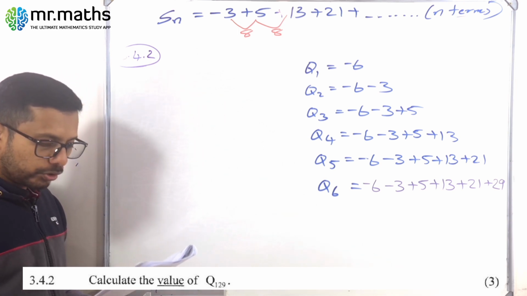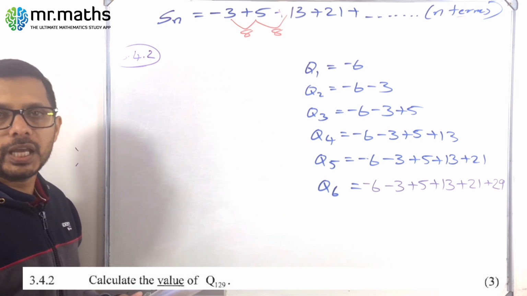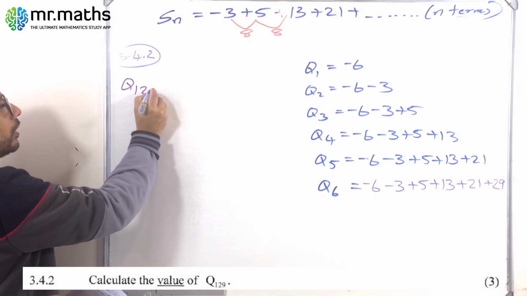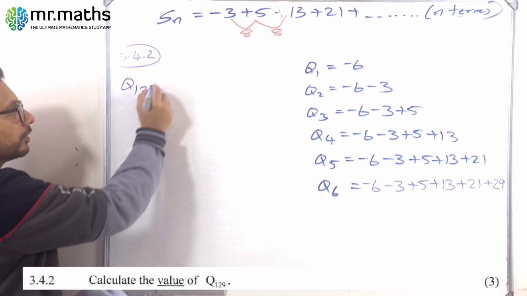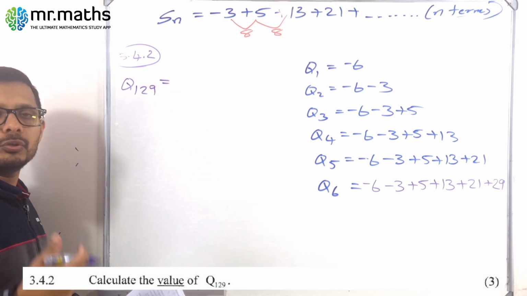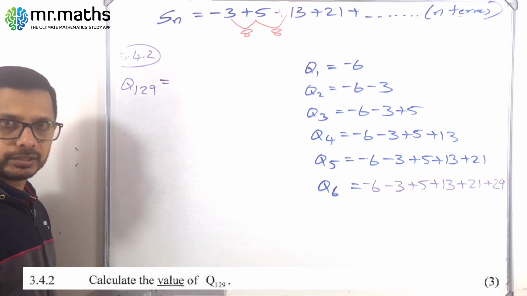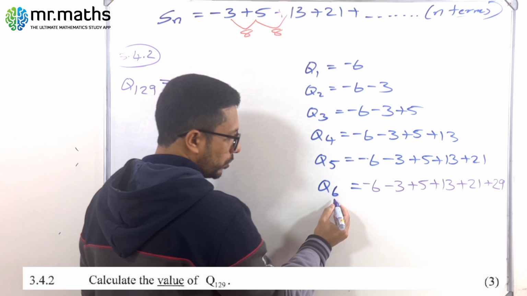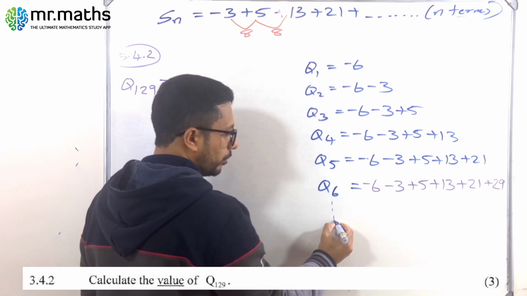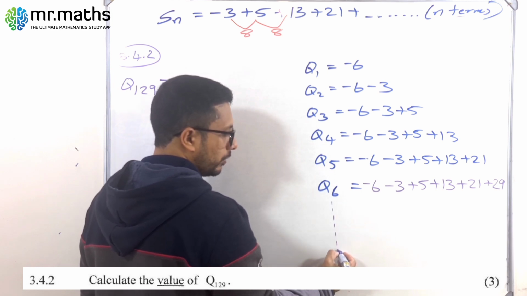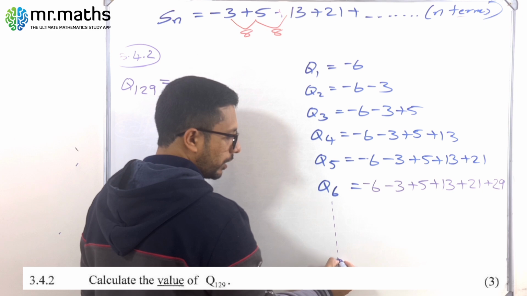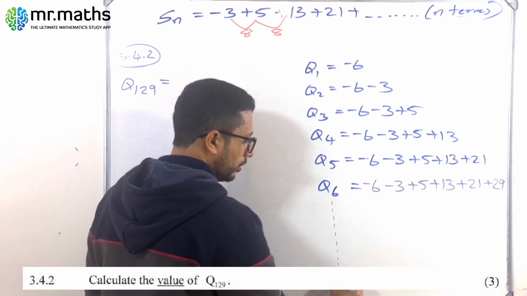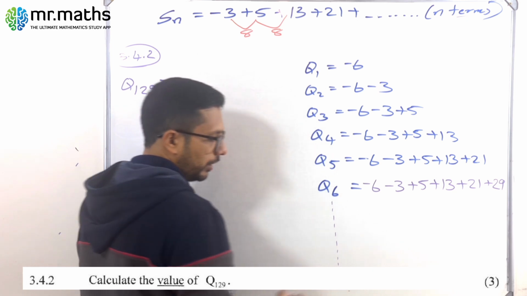Calculate the value of Q129. You have to find Q129. What is the numerical value? What is the answer there? Okay, so here Q6, Q7, Q8, Q9, Q10, Q11, Q12, like that, etc. There is Q129 here.